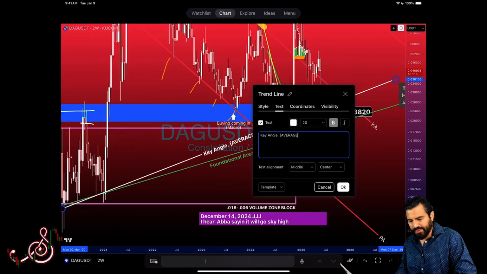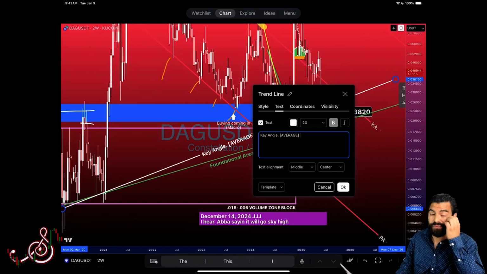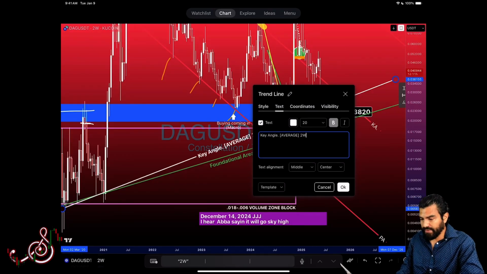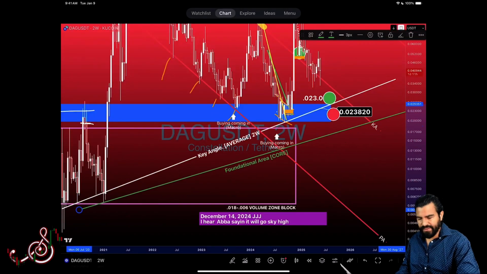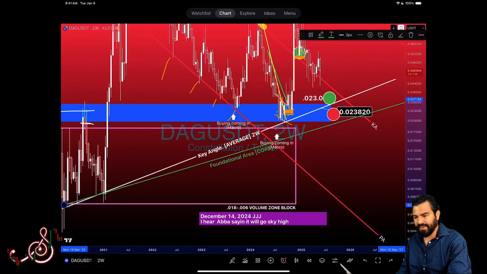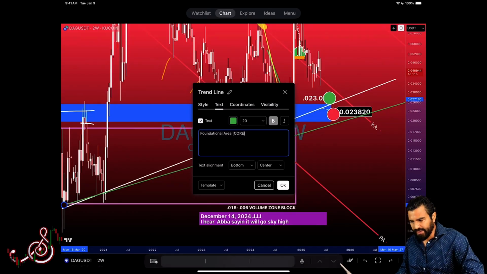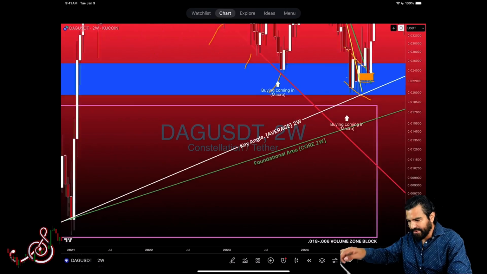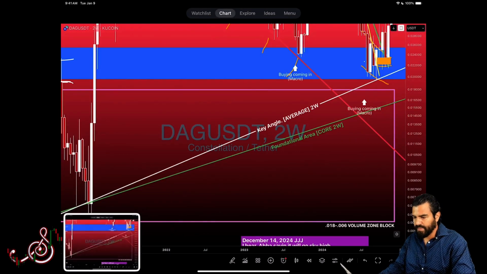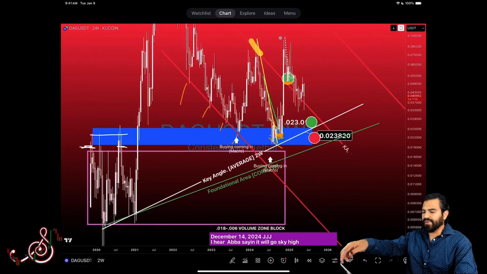Now I'm going to make sure I put the timeline I created this line for, 2W, which is for 2 week. I need to do that for the first line as well, so let's hit the back button, put that back in place, and also type in core 2W. So I'm left with something like those. Those are how I recreate these angles.